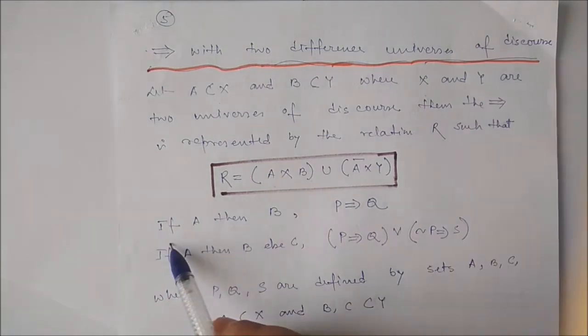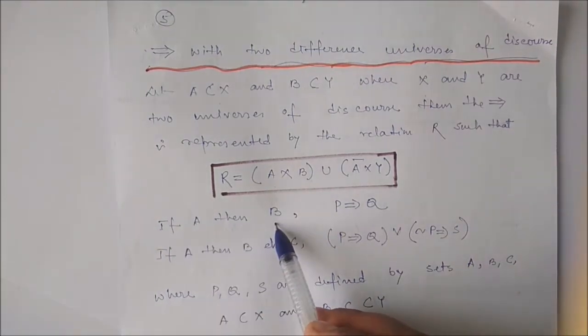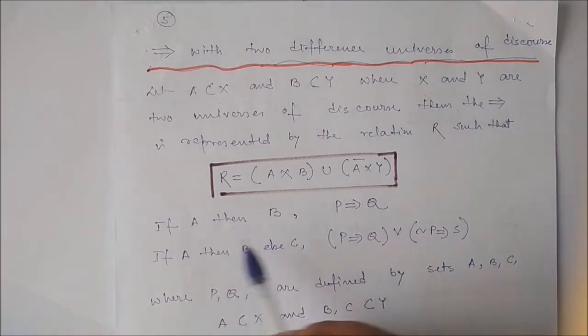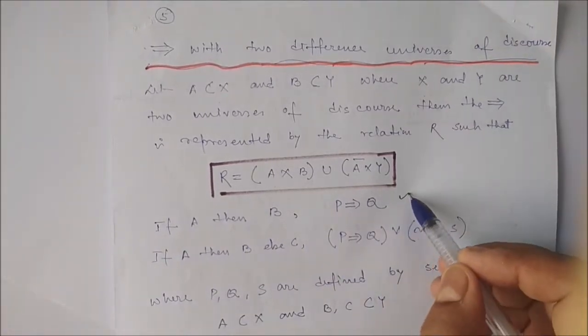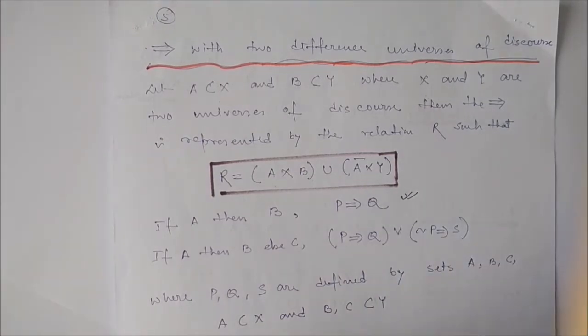So if A then B, for that we write P implies Q to represent this.